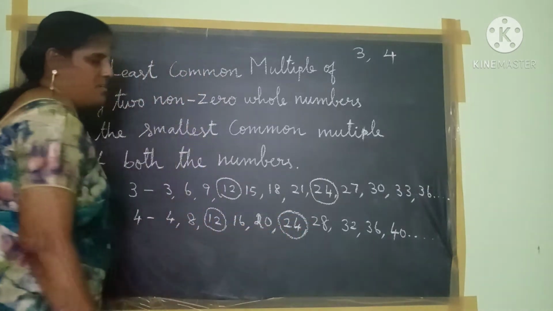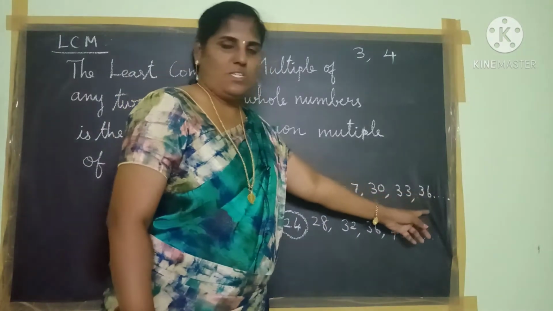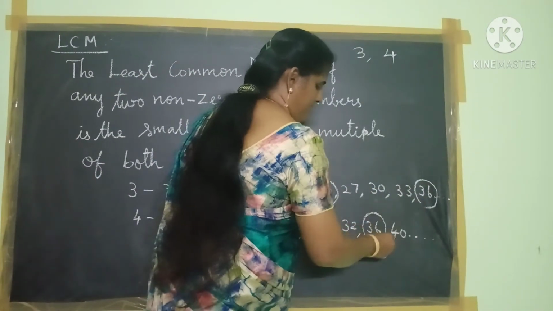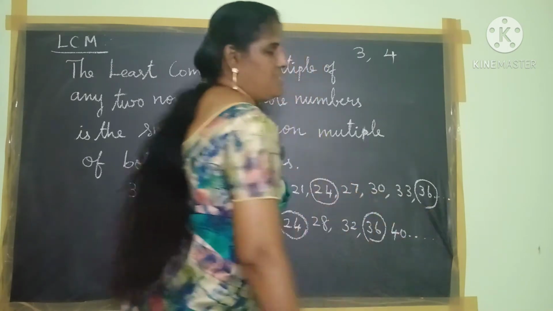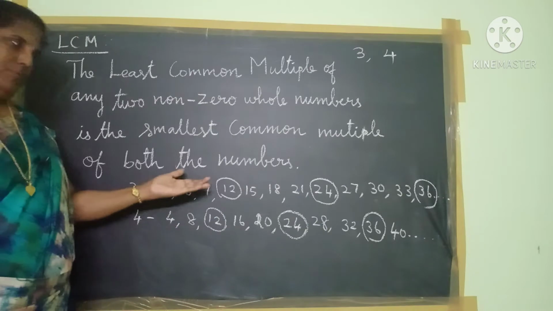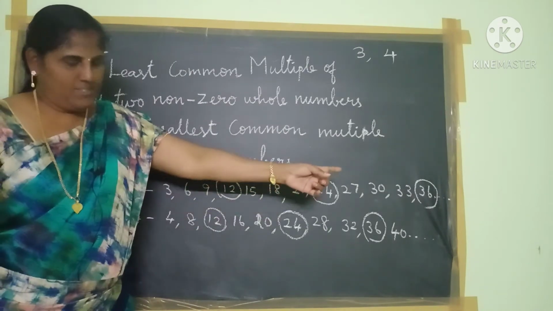Next, 24 is common. Then 27, 28, 30, and 36 is common. Etc. means the numbers are endless, so the tables are also endless. That's why I'm putting the etc. symbol.